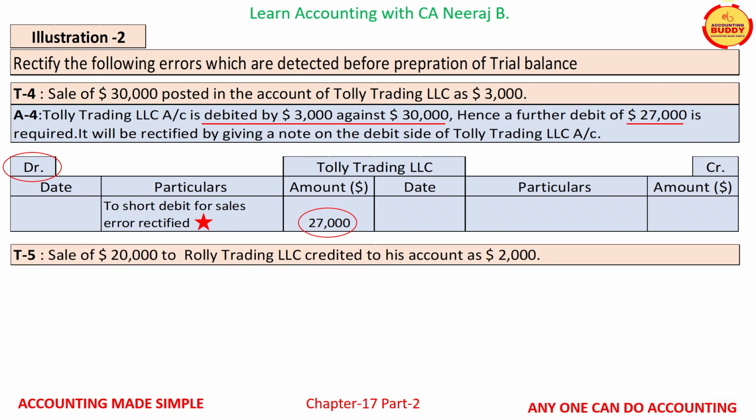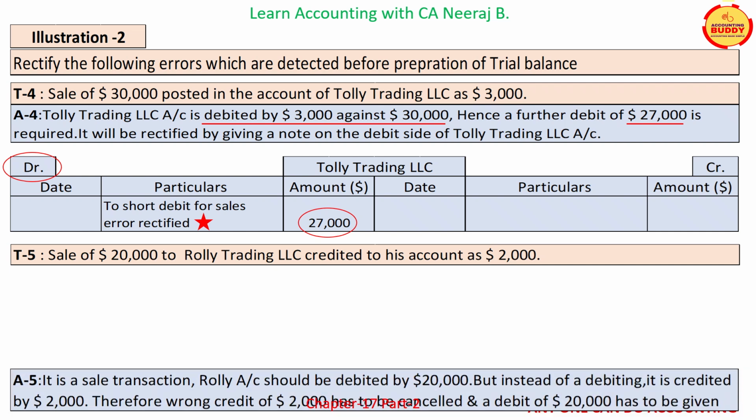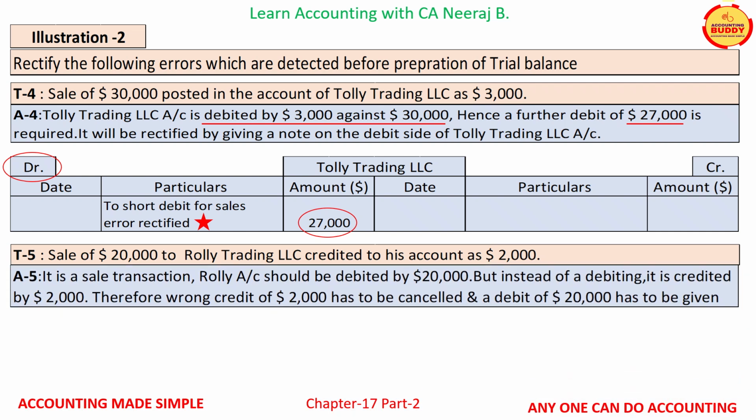Error T5 is sale of $20,000 to Rolly Trading LLC credited to his account as $2,000. As a result of this error in Rolly's account, two mistakes have happened. As it is a credit sales transaction, Rolly's account should have been debited by $20,000. But instead of debiting it, it is credited by $2,000.